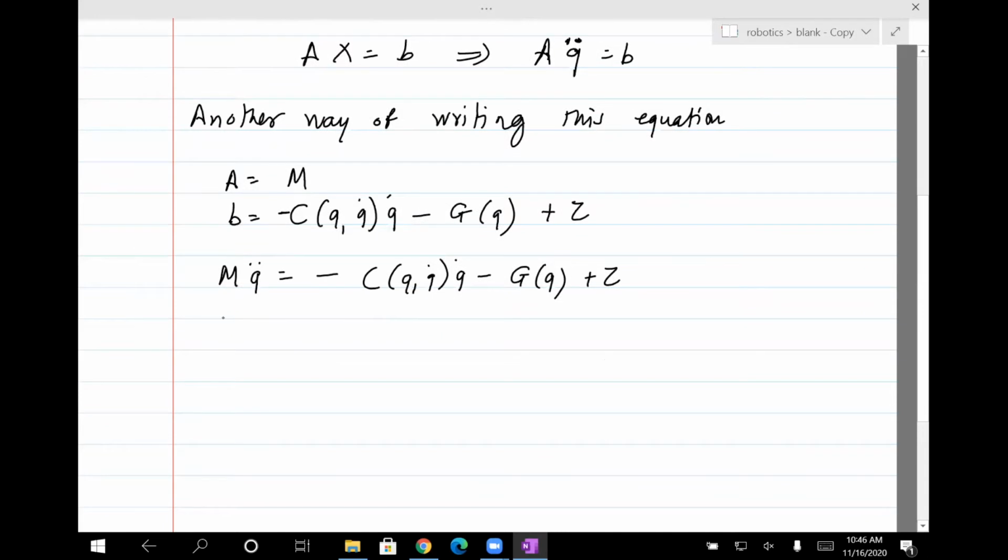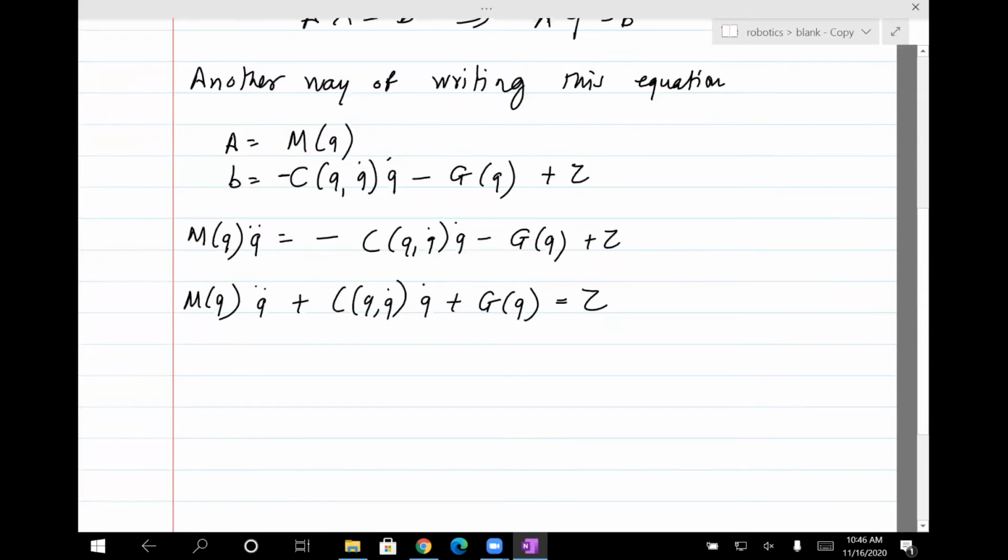And so the equations of a manipulator are, and my bad, this should actually be Q, it's only a function of state and not Q dot, M(Q) Q double dot plus C(Q, Q dot) Q dot plus G(Q) equals tau.